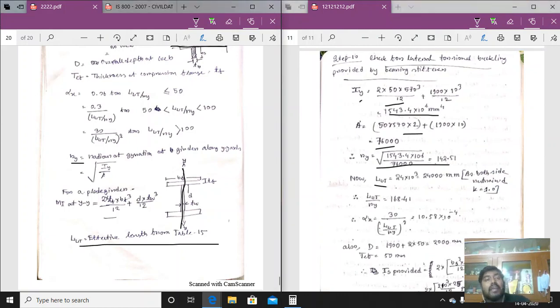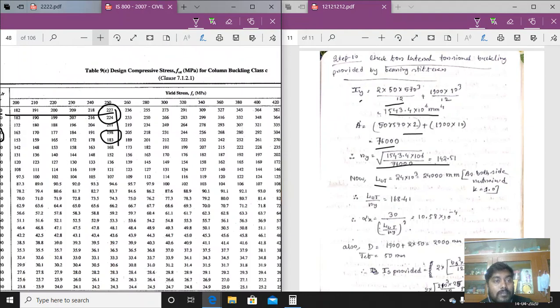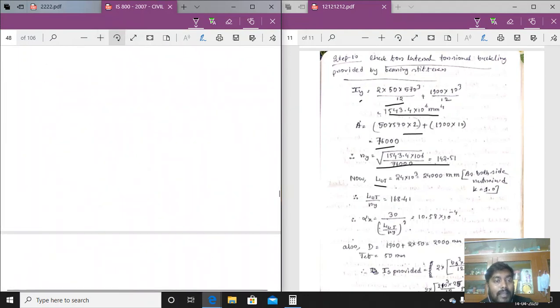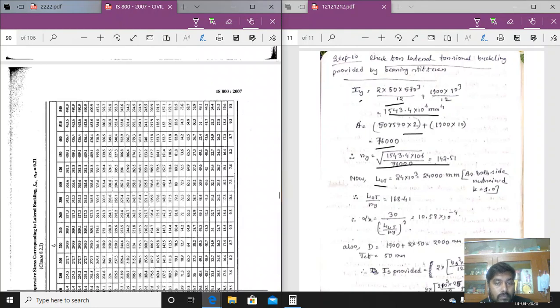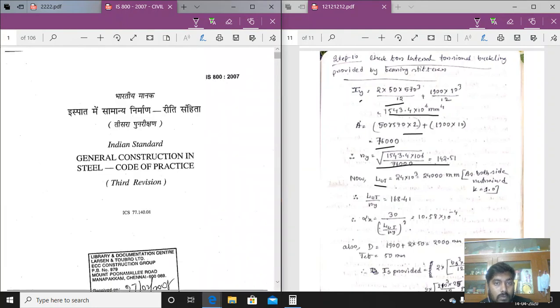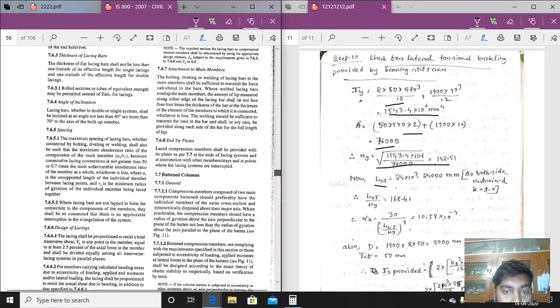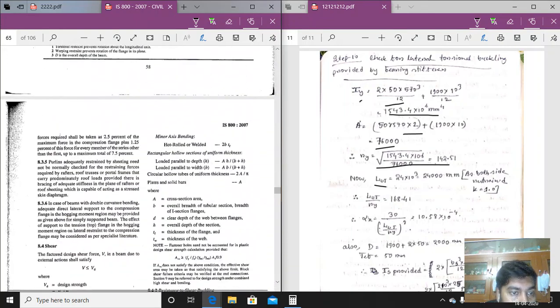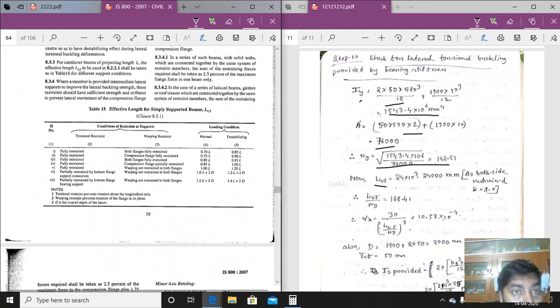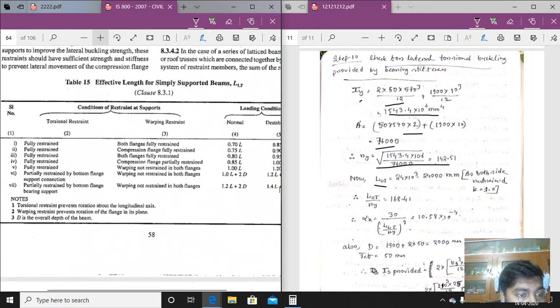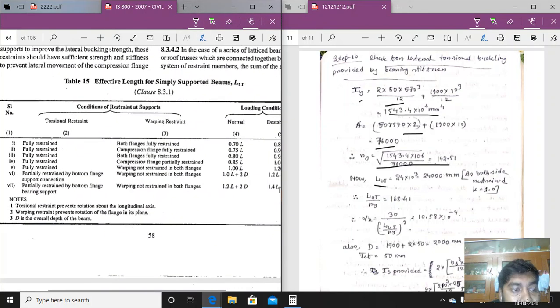So what value to take? Table number 15 of IS 800. Let us go to Table number 15 of IS 800. Okay, so Table number 15, I think it is here. It says what value you have to take for the fully restrained case, warping case.